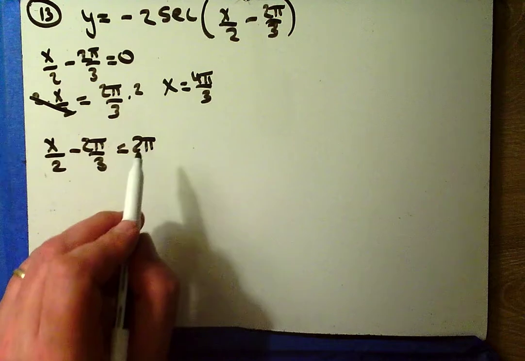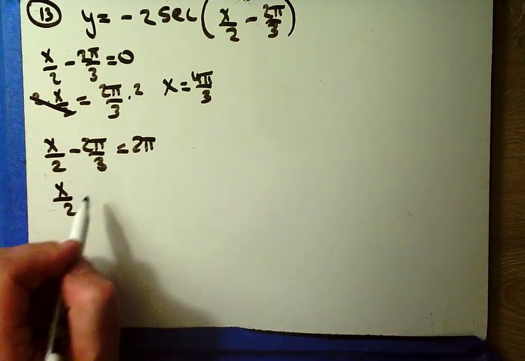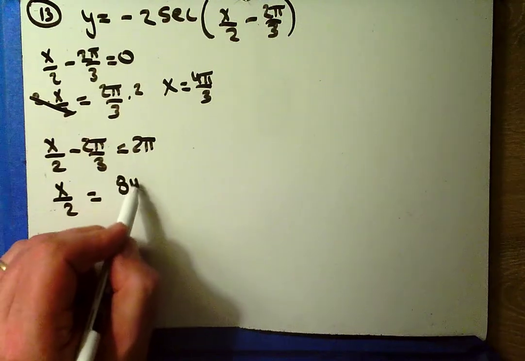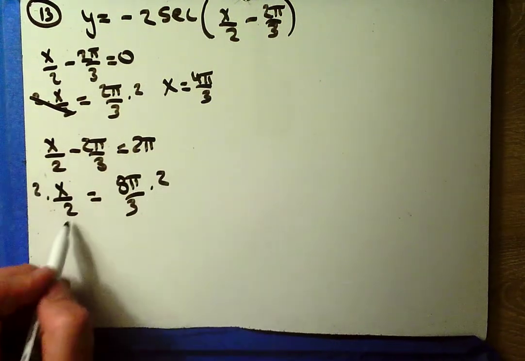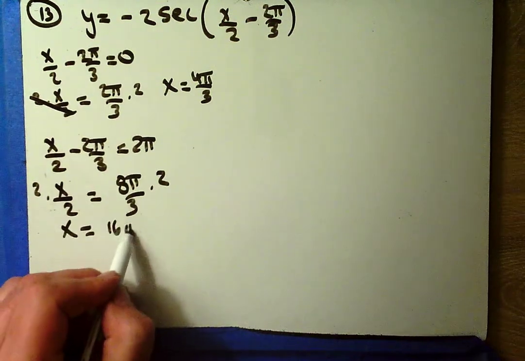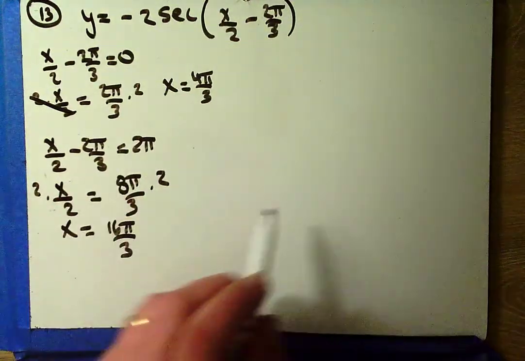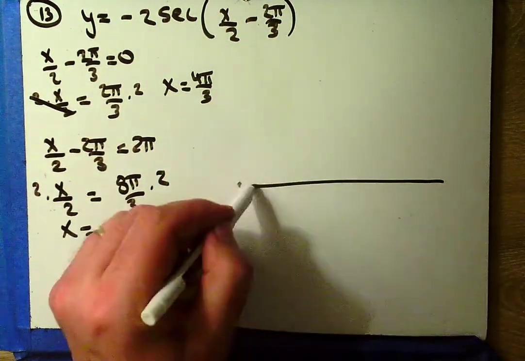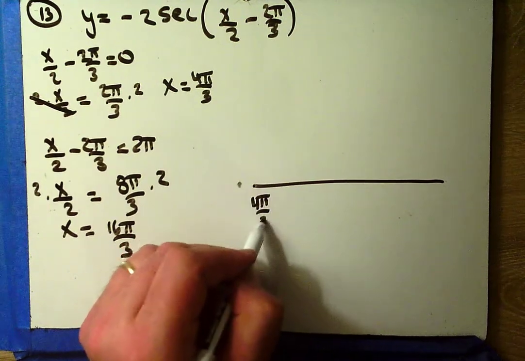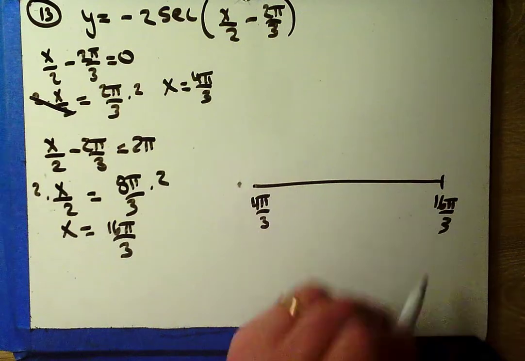Here, this is 6 pi over 3 plus 2 pi over 3, means x over 2 equals 8 pi over 3. And if I multiply by 2, I get x equals 16 pi over 3. So my negative secant graph is going to start at 4 pi over 3 and end at 16 pi over 3.